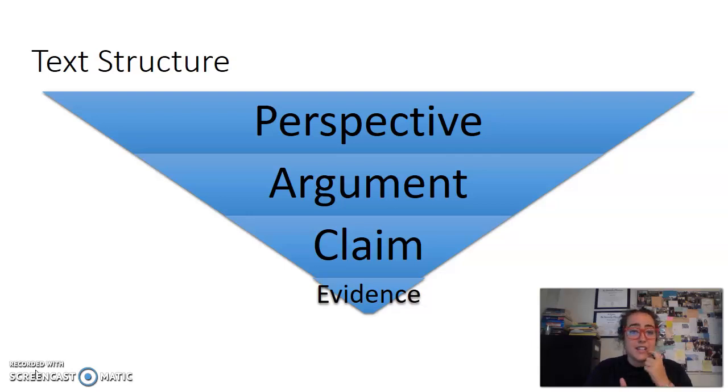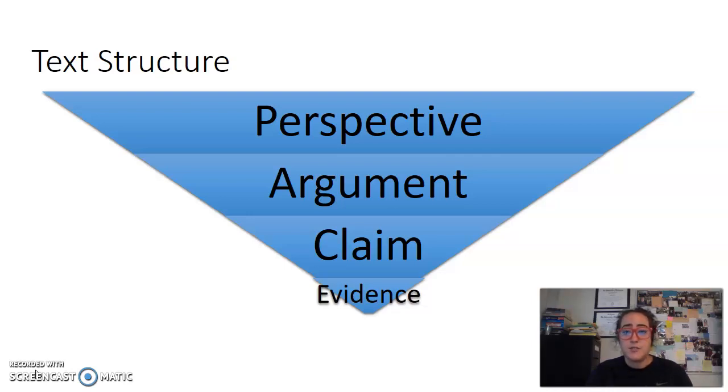So a perspective is the widest scale of a text. Perspective is the worldview that it supports. It's the point of view that it supports. So let's say you're reading a text about gun ownership in America and how Americans need less access to guns. That's the perspective. It's the worldview that it supports.